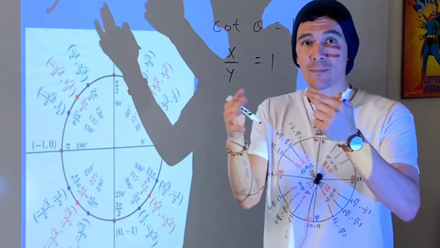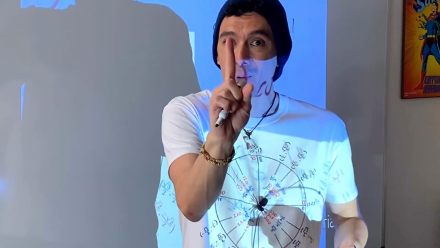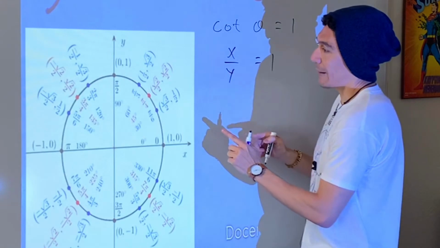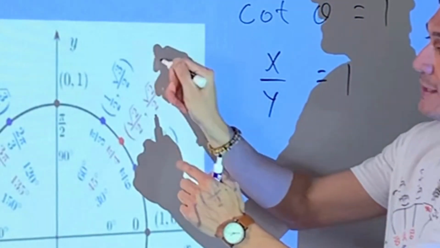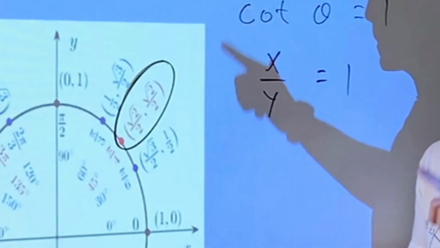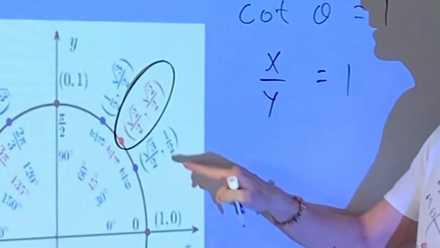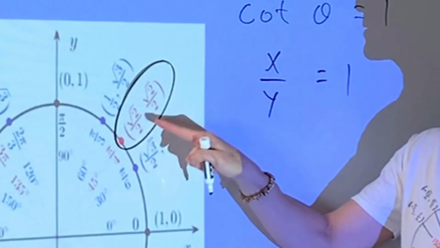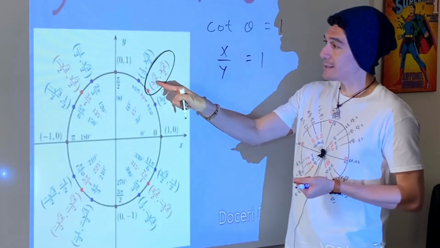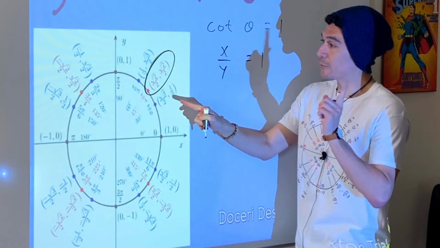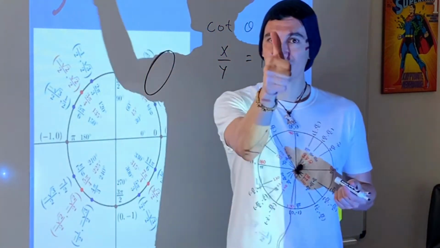And if you divide numbers that are not the same number, it's not going to be 1. So I think I can convince you guys just by simply looking at this that this pair works, because x divided by y. If I go this x coordinate divided by that y coordinate, it's going to be 1. Why? Because they're the same number. So I know for sure that this location is A-OK.